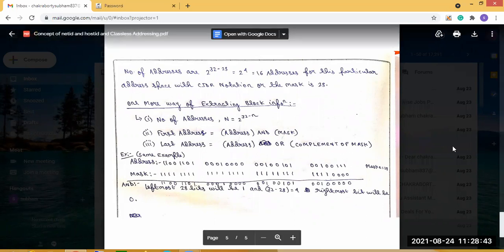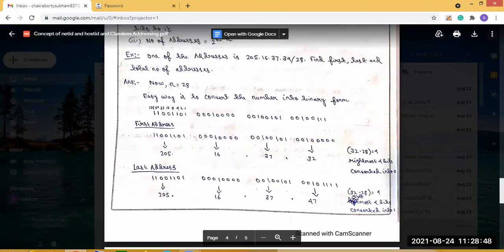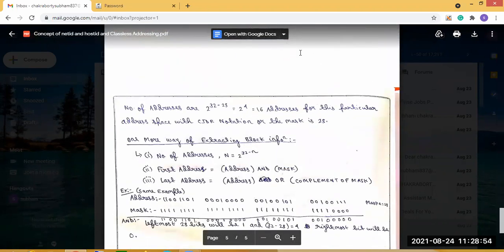So we are taking the same example. For the same example, the value is 205.16.37.39.